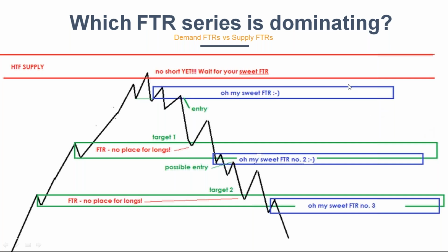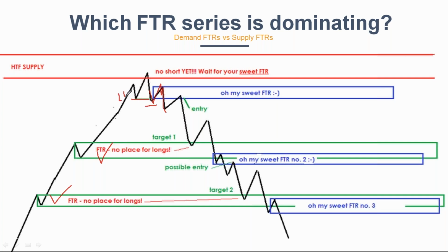Okay, now let us see what is happening in this scenario. There's a beautiful FTR formed. Now, friends, remember price never retraced. Okay, let's assume price never retraced. Now, price has gone to the top. Okay, now what happened? It formed a low, it broke the low, it went, formed the base and broke that low also.